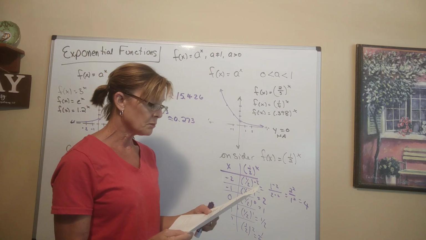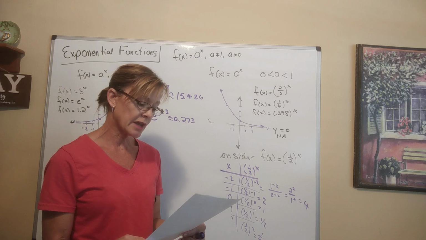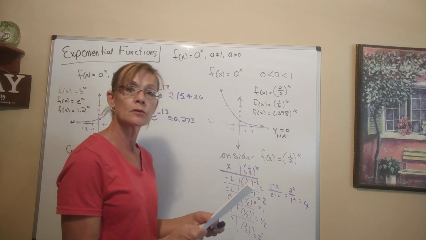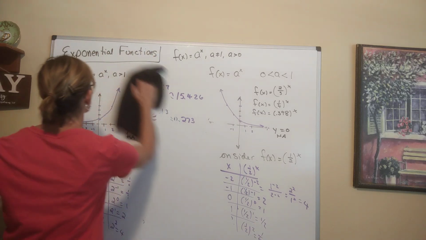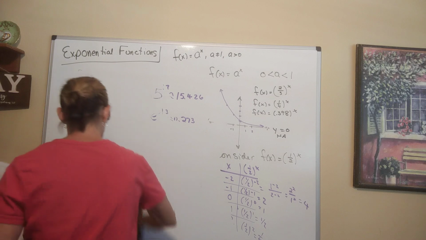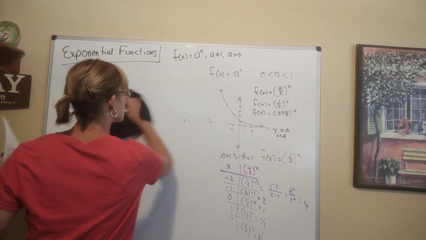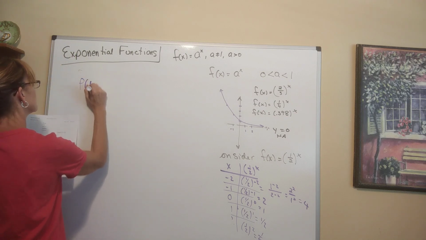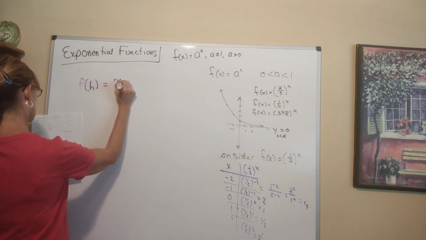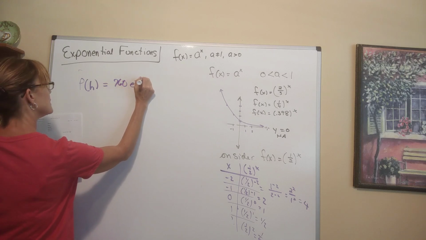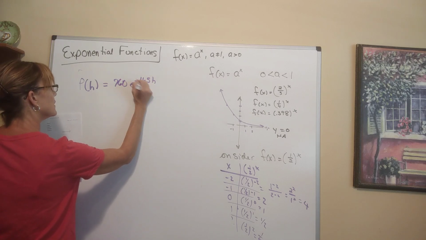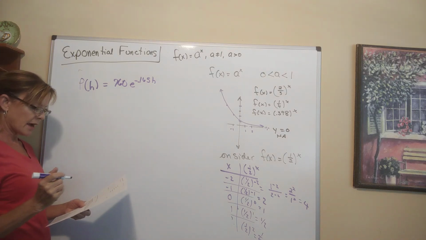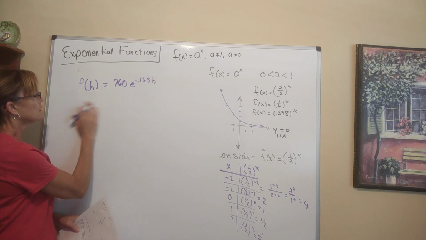This pressure, measured in millimeters of mercury, is related to the height h in kilometers above sea level by the function P of h is equal to 760 e to the negative 0.165 h.